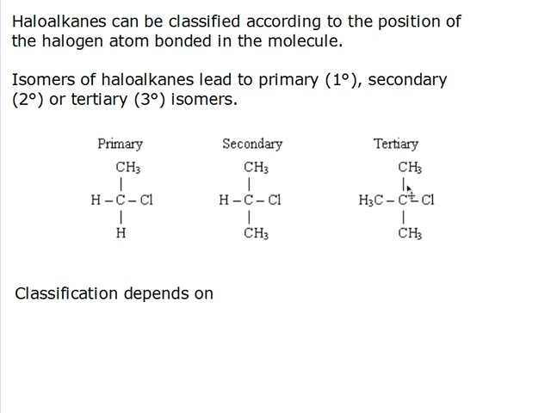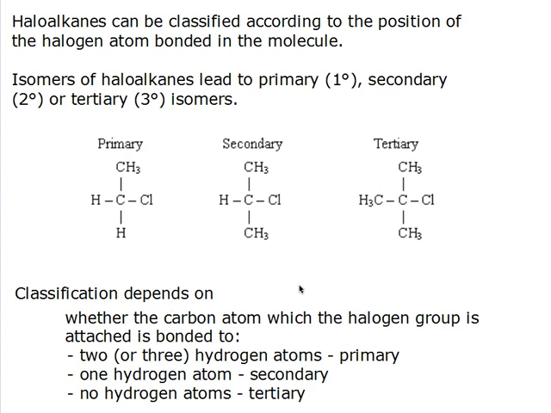And if that carbon has no hydrogens directly bonded to it, then it's a tertiary haloalkane. So classification depends on whether the carbon atom to which the halogen group is attached is bonded to 2 or 3 hydrogen atoms, making it primary, 1 hydrogen atom, making it secondary, or no hydrogen atoms, making it tertiary.